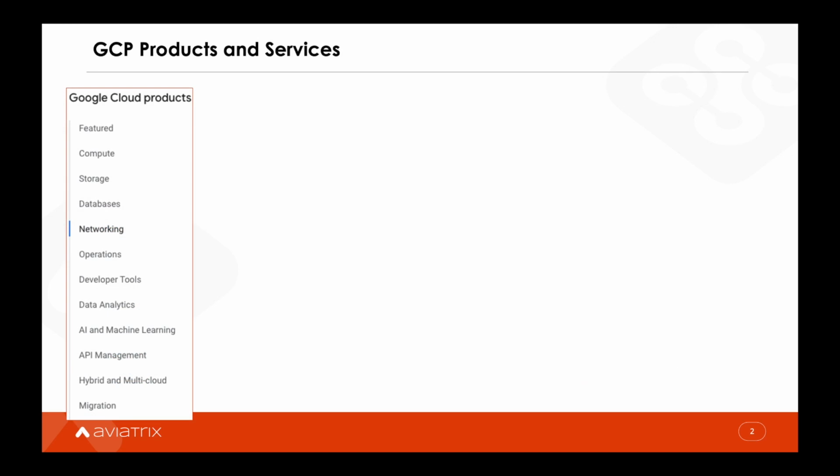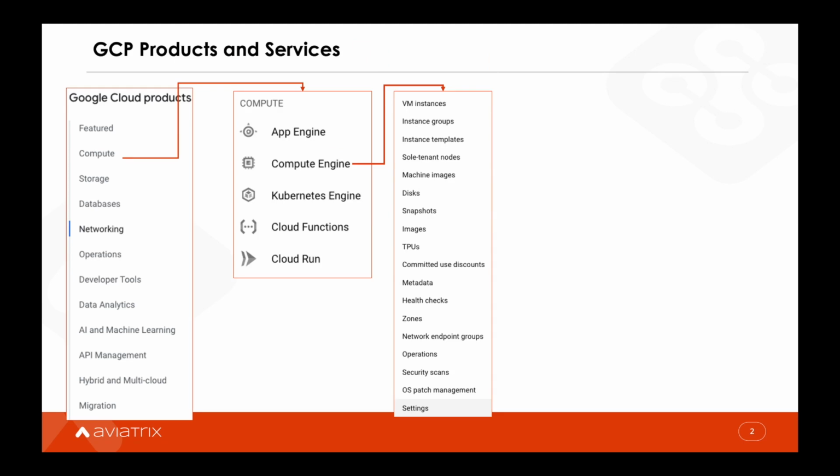In GCP's case, they have different cloud products. Like any other clouds, they have networking, they have tools for developers, storage, compute, and whatnot. If you look inside these products, you will find various services. For example, you're looking at the compute product, and within the compute product, you see a bunch of services.